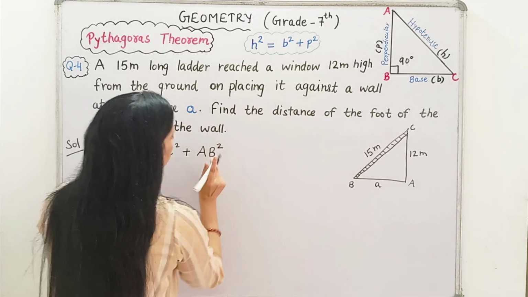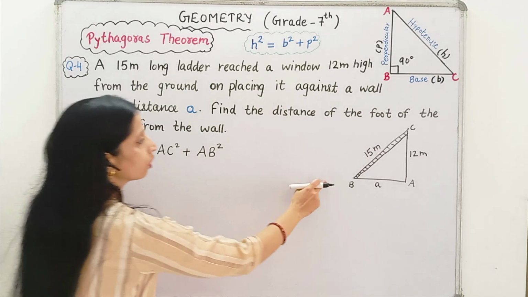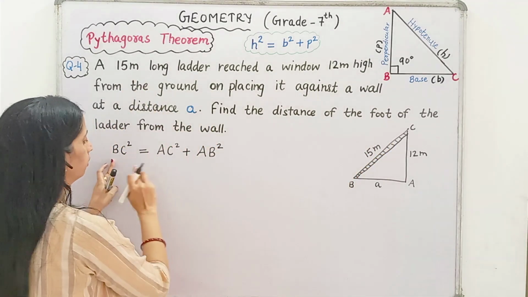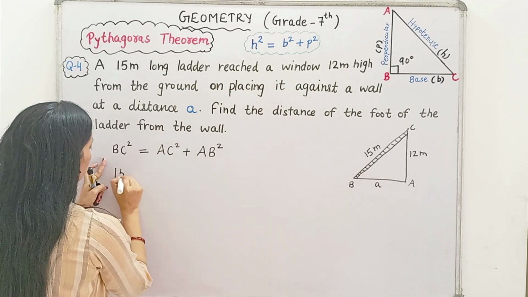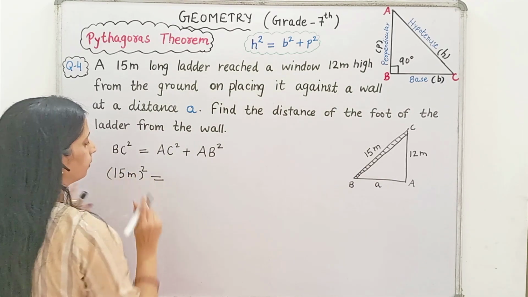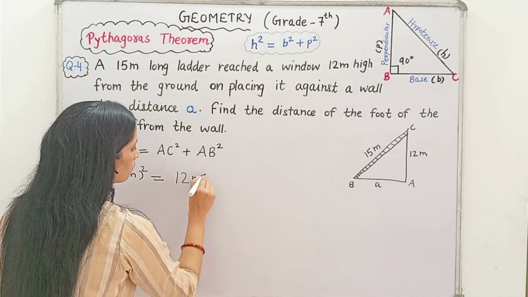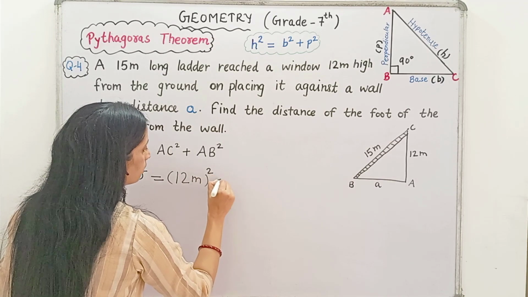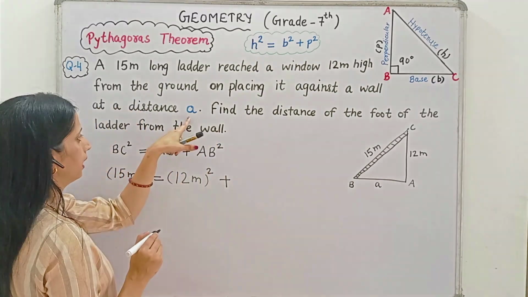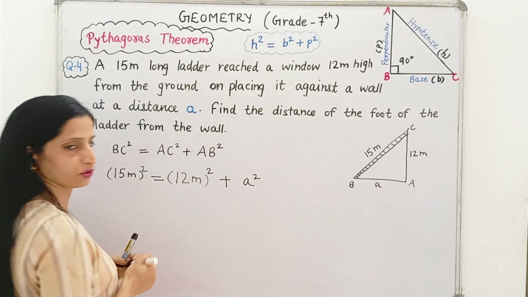Now we will simply put the given values. BC is the length of the ladder, which is 15 meter long. So write 15 meter square. It will be equal to AC square, AC is 12 meter square, plus AB. AB is given as A, at a distance A, so we can write A square.